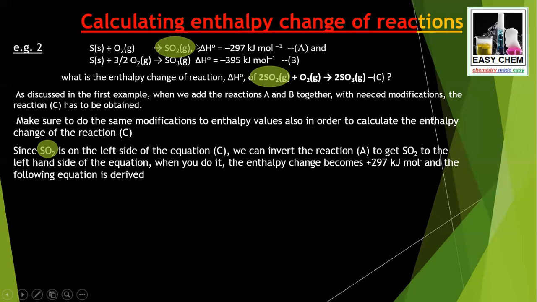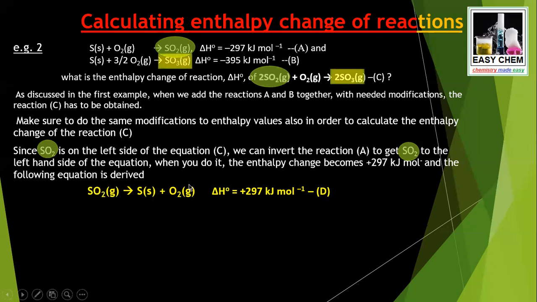So we have to invert the equation A. When we invert the equation A, you have sulfur dioxide gas giving backward reaction, sulfur solid and oxygen gas. See, the enthalpy change negative 297 has become positive 297. Now that is equation D, which has been constructed by modifying equation A. We'll go further into this calculation and see what is there first more.